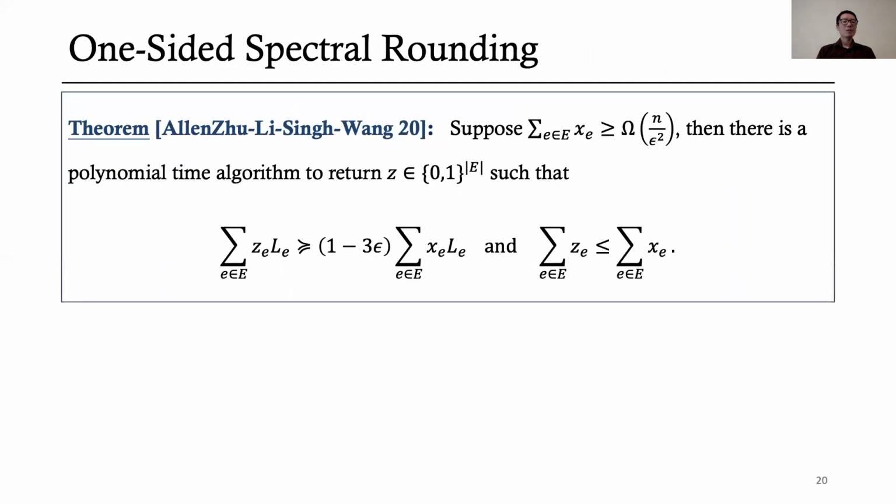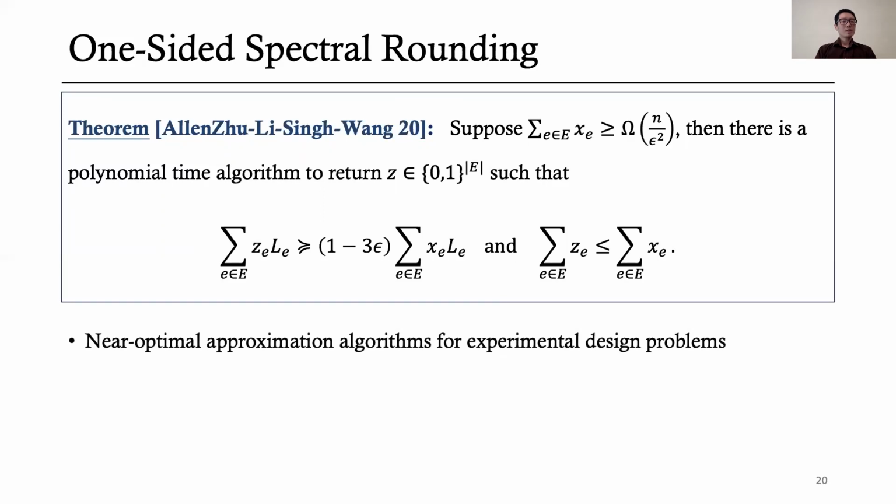Then let's talk about some known results about spectral rounding. A result by Allen-Zhu, Li, Singh, and Wang can be rephrased as a one-sided spectral rounding result. With an assumption on the sum of x's, they show that there is a polynomial time algorithm to return a 0-1 integral solution such that the spectral lower bound is approximately satisfied, and the number of edges we picked is at most the sum of x's.